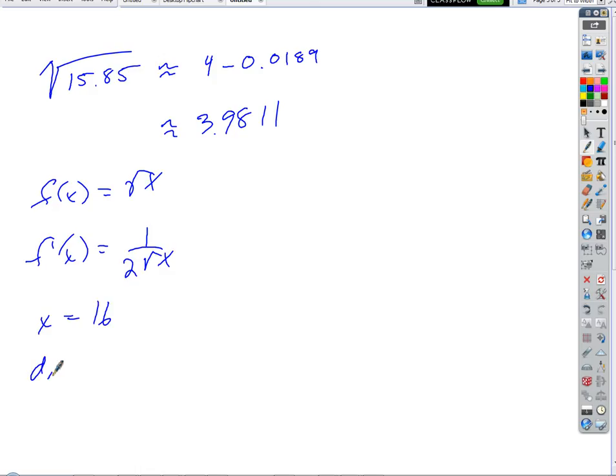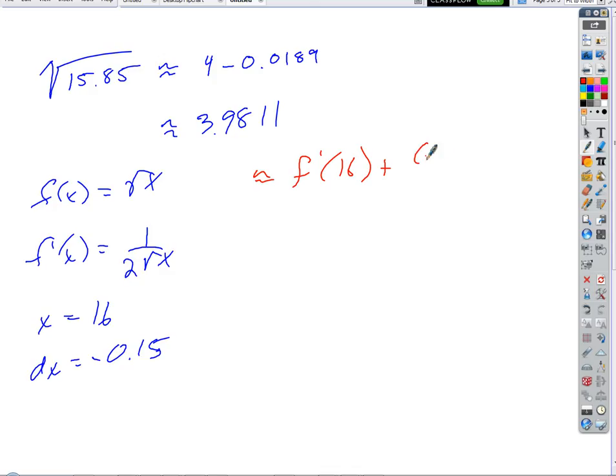And dx equals negative 0.15, just that much less than x. So then all we have to do is say our answer is approximately equal to f of 16, plus dx times f prime of x.